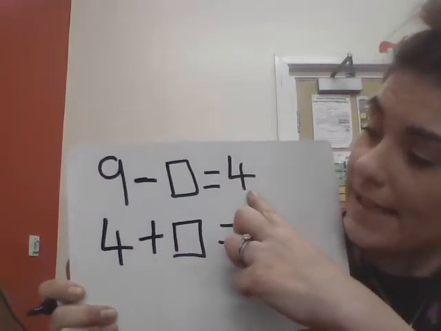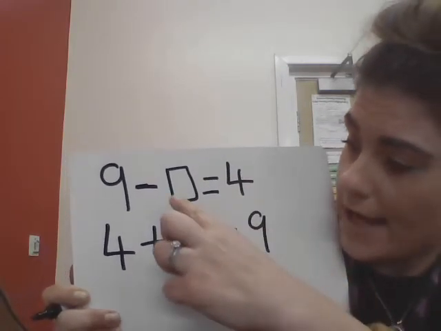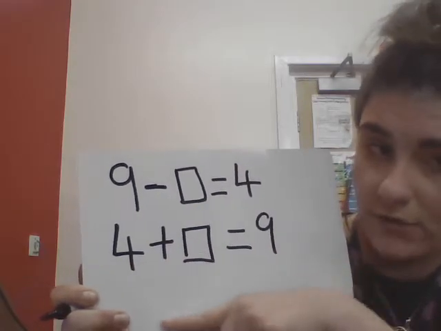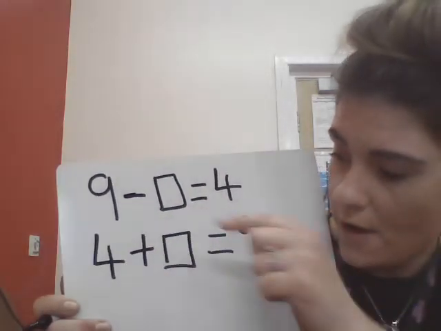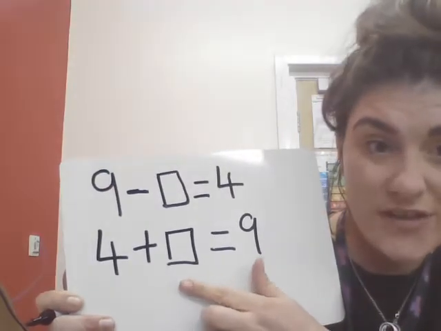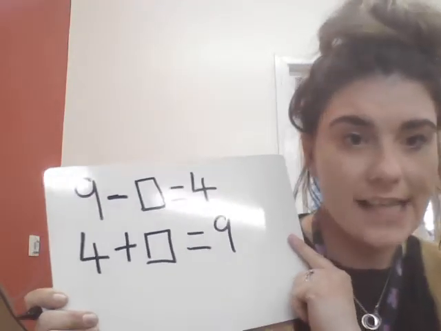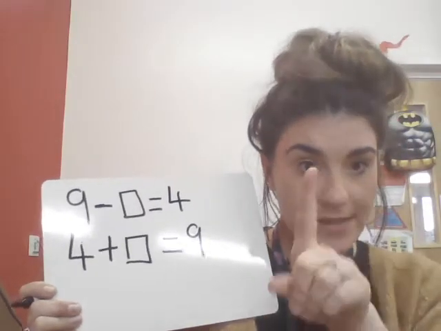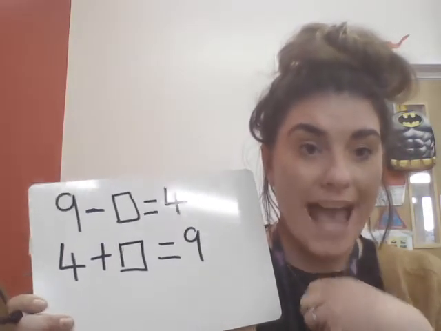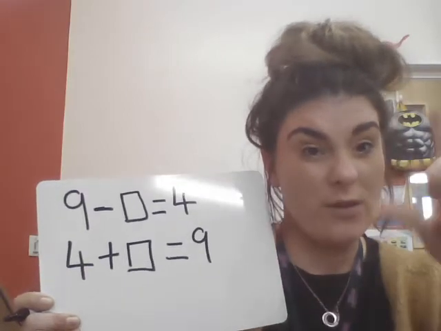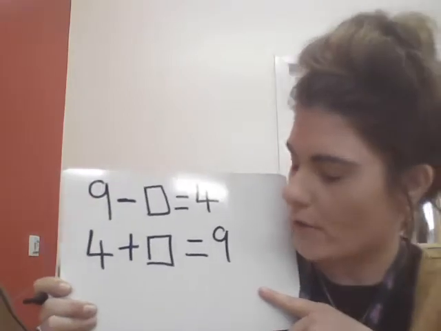But if we work the number sentence backwards, 4 add something equals 9, which I've written underneath, and you can see I've gone backwards. So it's easier to work this out, which will give us the missing number for this here. Because as I tell my children, if we solve one number sentence with addition and subtraction, we get another number sentence for free because they're the inverse, the opposite of each other.